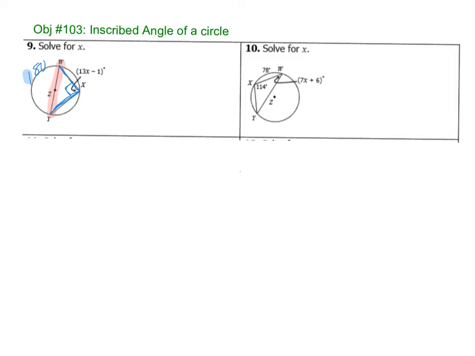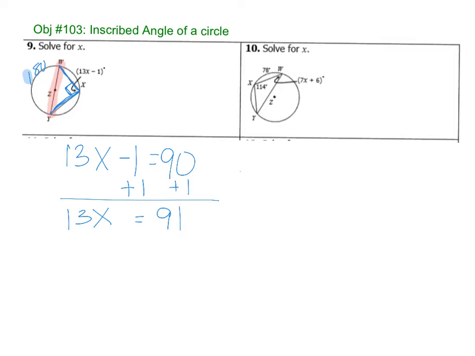It's 90, right? Well, half of 180 is 90. So that means my angle, 13x minus 1, has to equal 90. I'm going to add 1 to both sides. 13x equals 91. Divide by 13, and we should get 7. Okay, that's it.